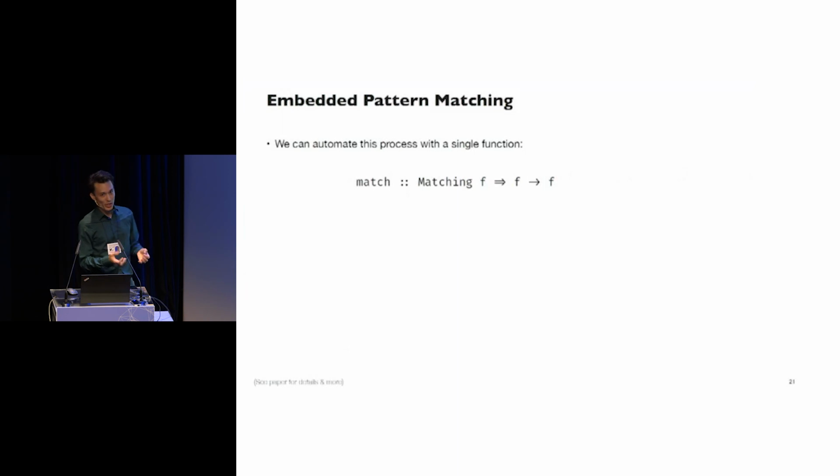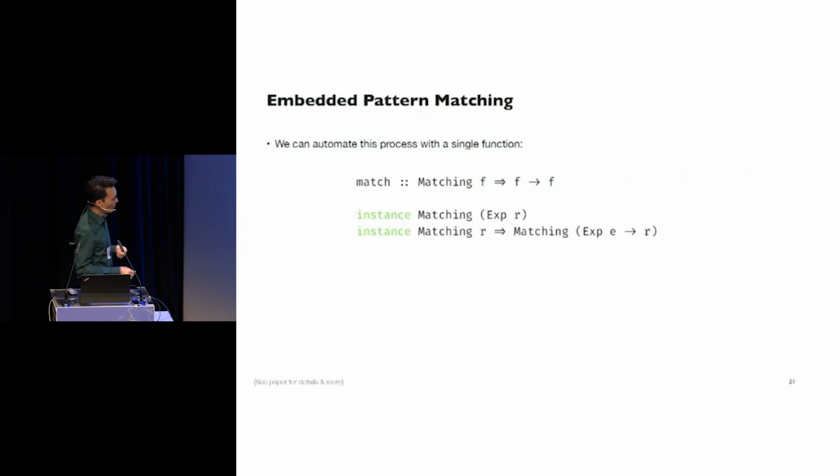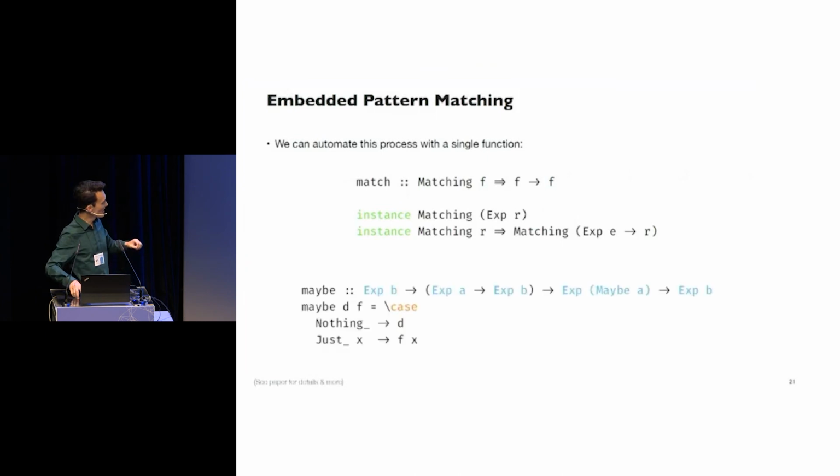That might seem like a lot of work, but you can automate the process a lot with this single function called match. It has this funky type, and it just goes along each of the arguments, and for any argument that has a sum type does this procedure. With this function and these two instances, that's enough to do it. Then I can take this almost working implementation, slide that case statement over a bit, and add this magical match function.